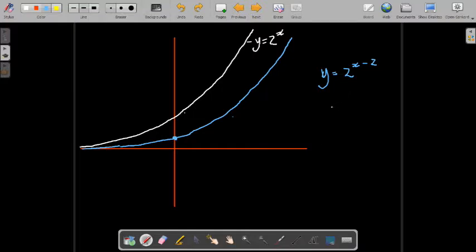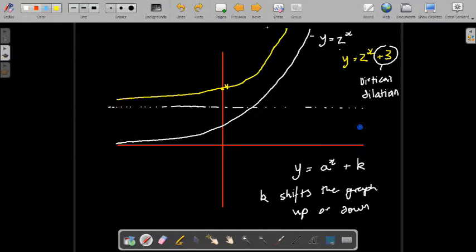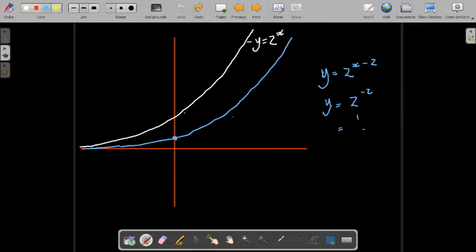So at 0, we get 2 to the minus 2, which is going to be 1 over 4. So this little spot in here is going to be a quarter instead of 1.